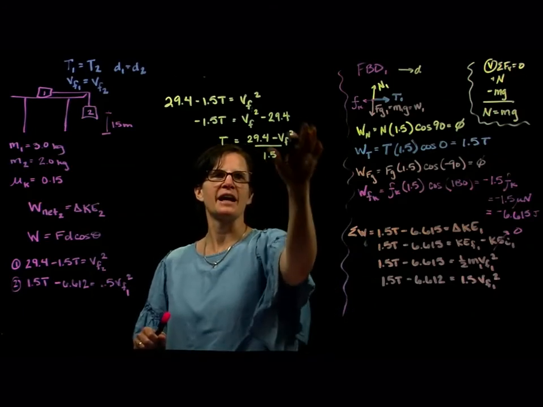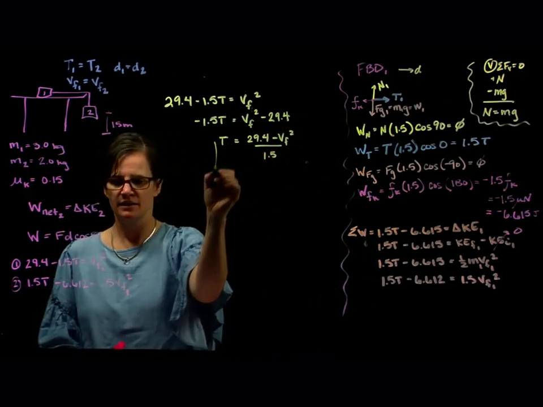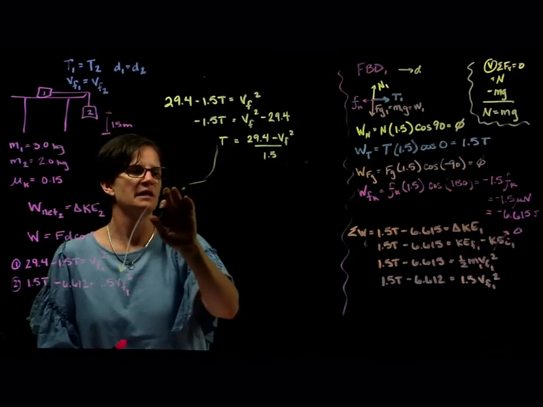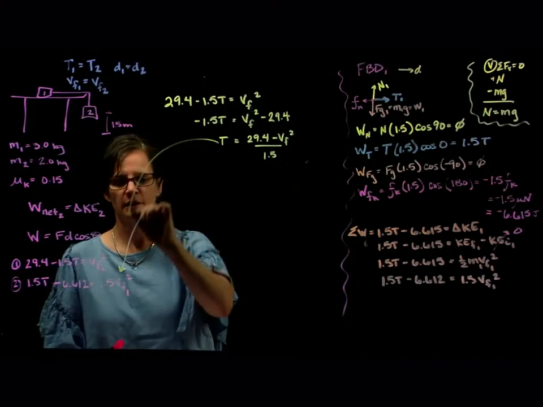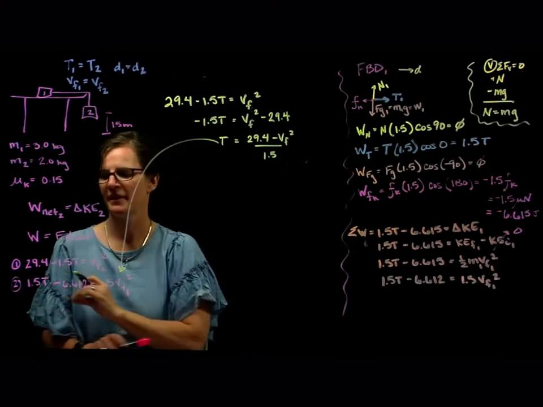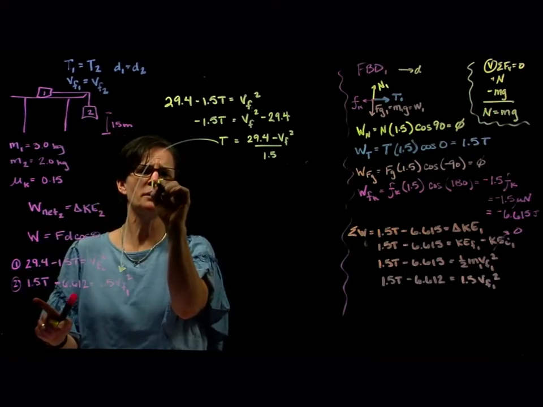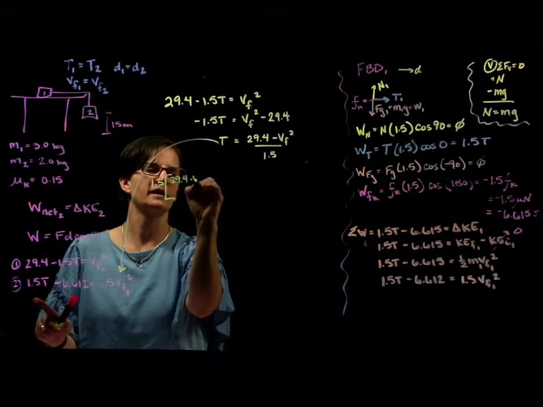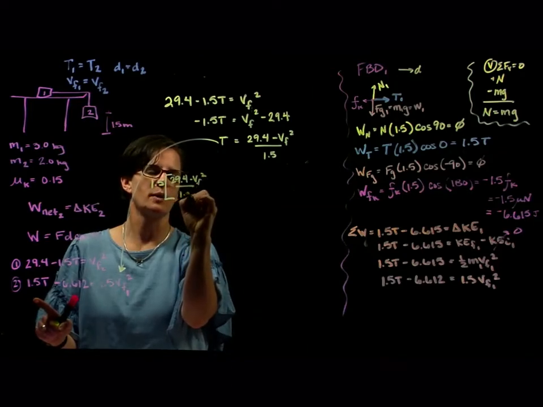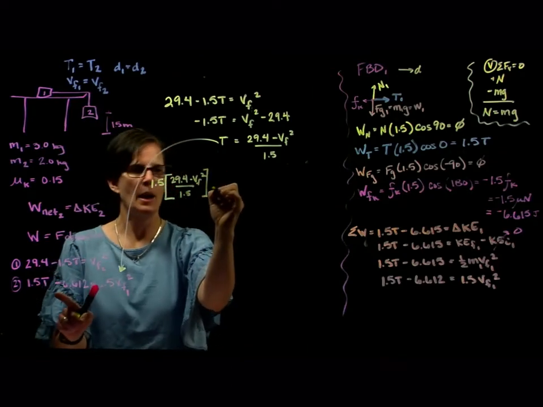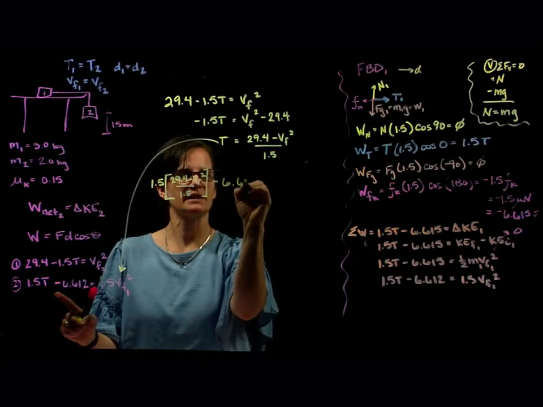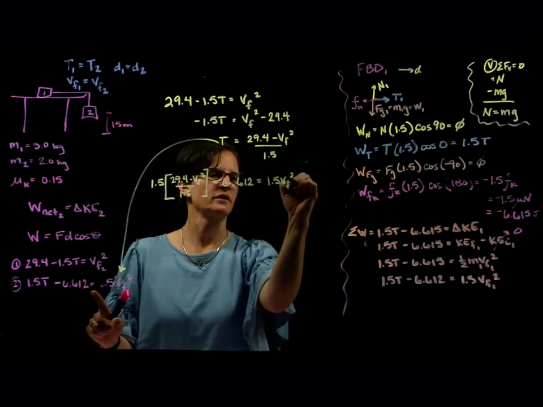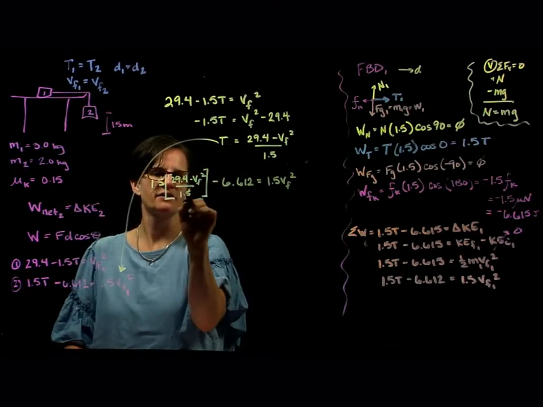So now that I have t, we're going to take t and plug it into this relationship. There we go. All right. So 1.5 times the quantity 29.4 minus v final squared, all over 1.5, minus 6.615 equals 1.5 v final squared. My 1.5 cancels.